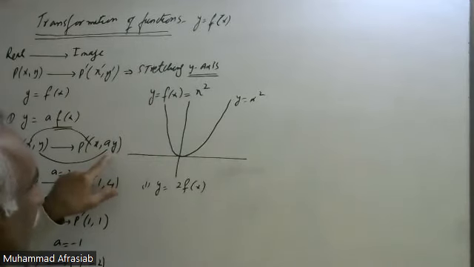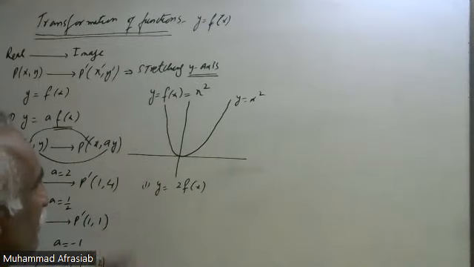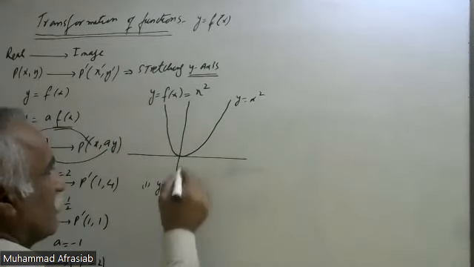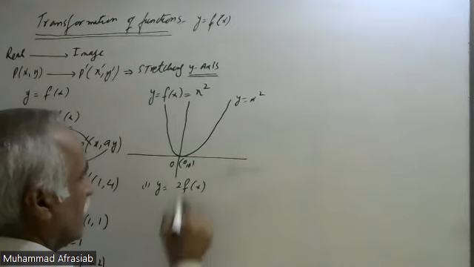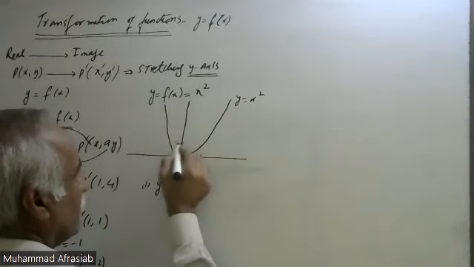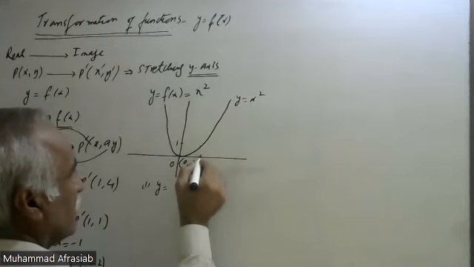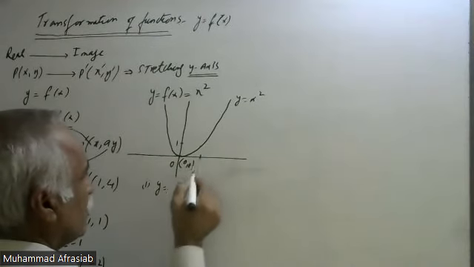That means every value of y in this case will be double the previous value for the x. So if it is 0, 0, it will remain 0, 0. But it is 1 here, which is 1 here, the y value. So the y value is now 2 f of x, so it will become 2.